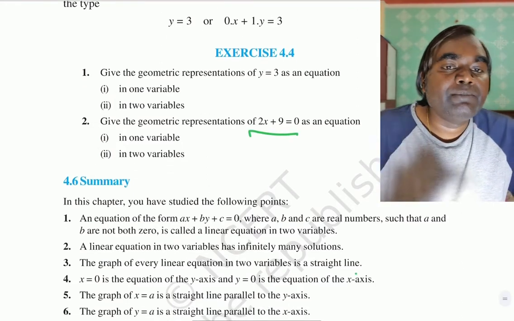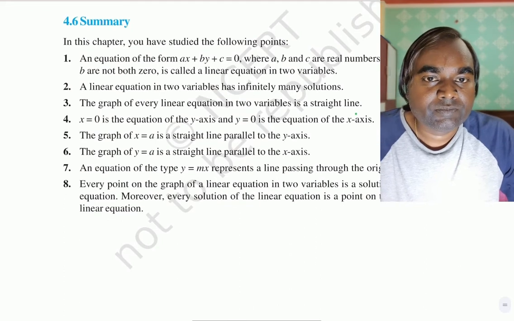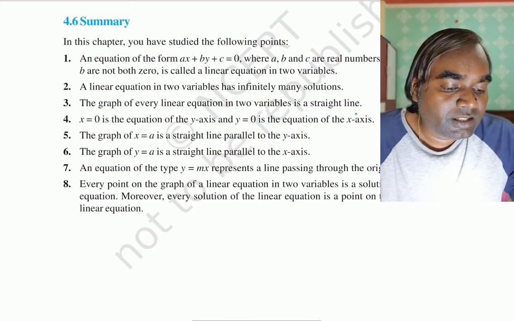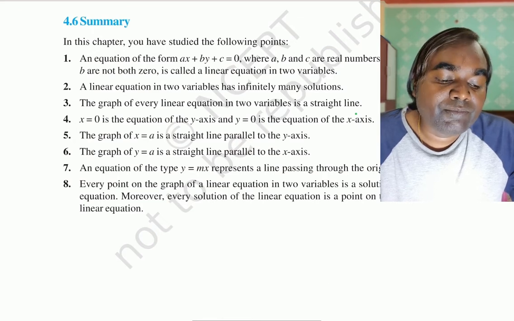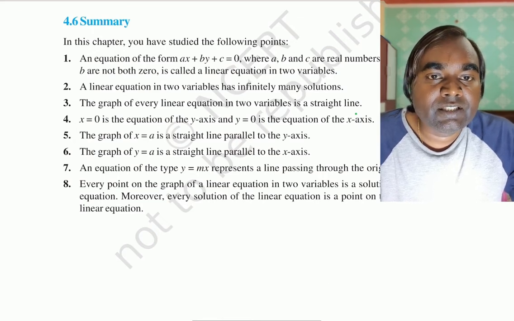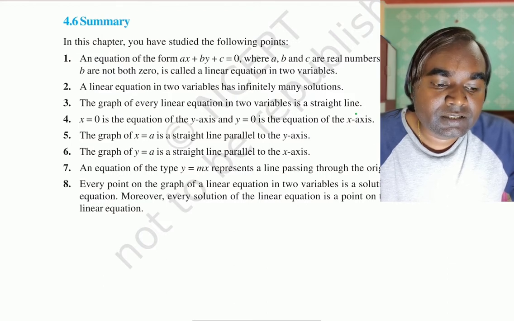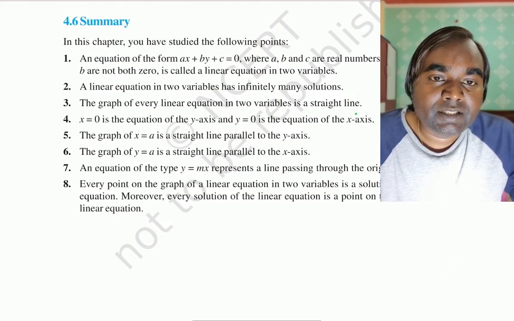Now the summary of this chapter, what you learnt in this chapter. An equation of the form ax plus by plus c is equal to 0 represents a linear equation in two variables, where a, b, c are real numbers, and a and b both can't be 0 at a time.